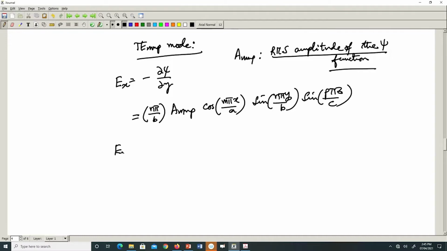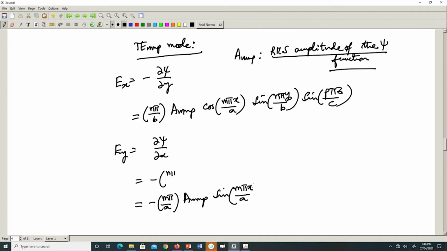Similarly, E y is going to be given by del psi del x, and that will be minus m pi by a, A mnp, sin m pi x by a, cos n pi y by b and sin p pi z by c.